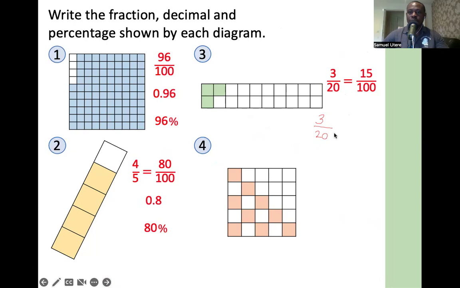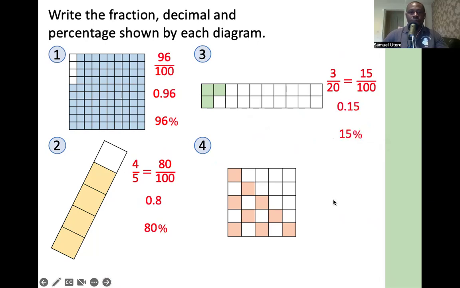So you make 20 into hundreds by multiplying by 5, and you multiply the numerator by 5 as well, because anything you do to the denominator, you have to do the same to the numerator. This now becomes 15 hundredths. And then 15 hundredths is 0.15, and as a percentage, that is 15%.